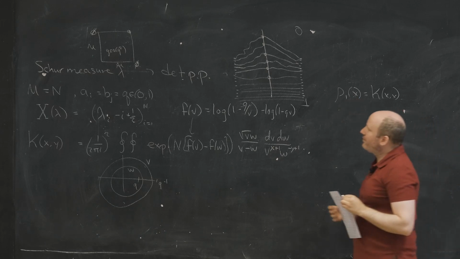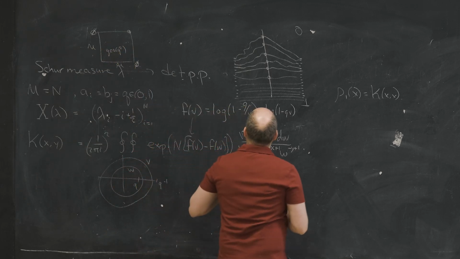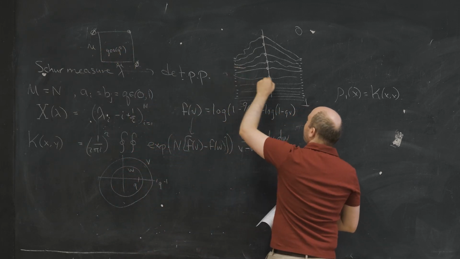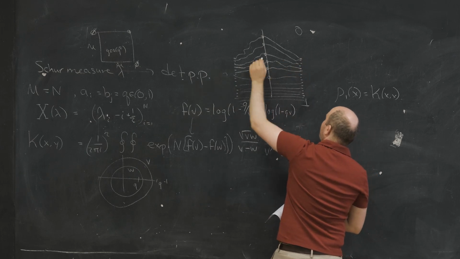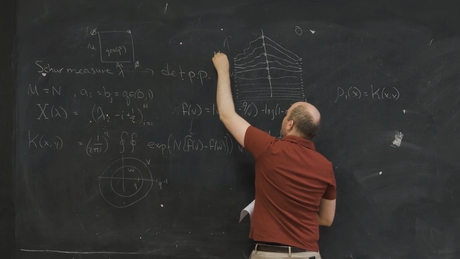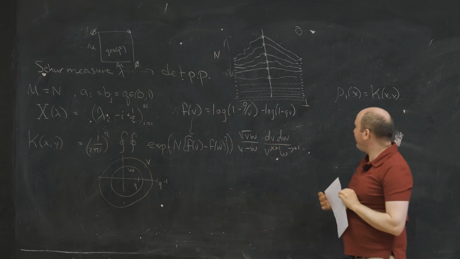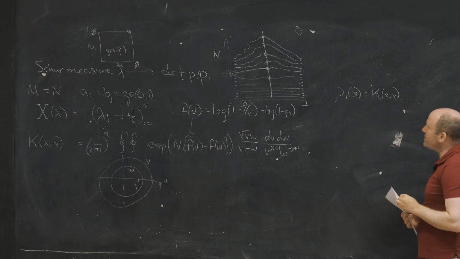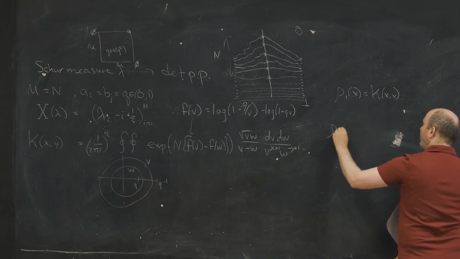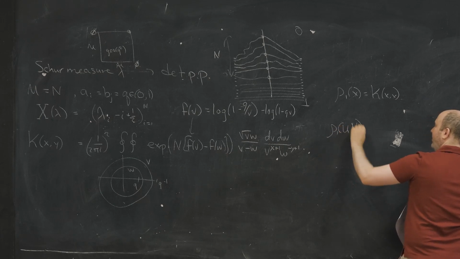Now the claim is that for large n, the number of curves that will become active and the height of the maximal curve, we expect will deviate on a scale of order n. And so the natural thing to look at for this first correlation function is to actually look at rho 1 of, say, some constant u times n.